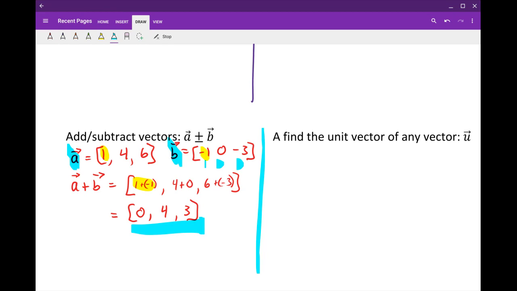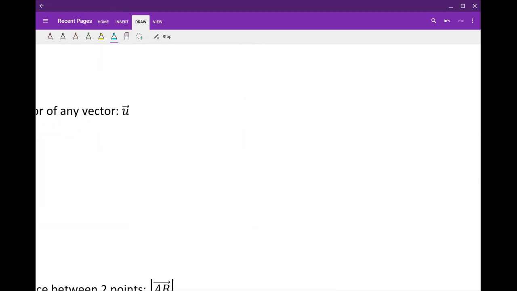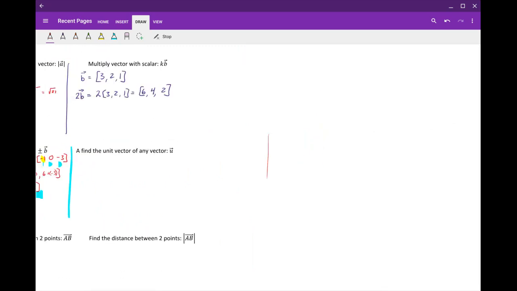In fact, we could try that. 1, 4, 6. It's going to be tough. Let me start so that I can zoom in a little later on. I'm going to do 1 in the x direction, 1, 2, 3, 4 in the y direction, and 1, 2, 3, 4, 5, 6 in the z direction.